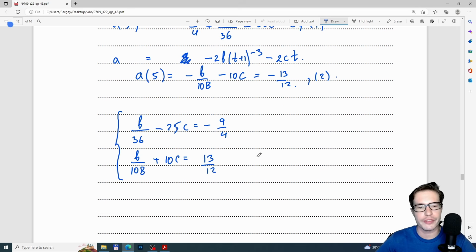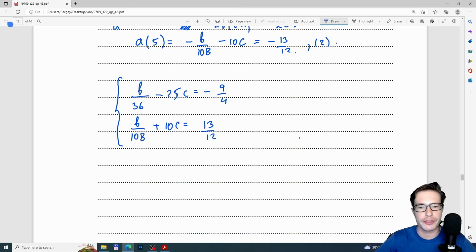Now, I want to get rid of c in those equations, so I will multiply the second equation by 2.5. Then I will get 5b over 108 plus 25c equals 65 over 24. And now I can add them together, the first equation and this one.